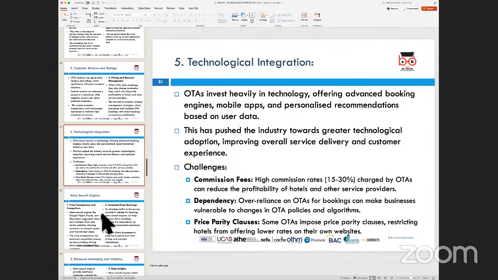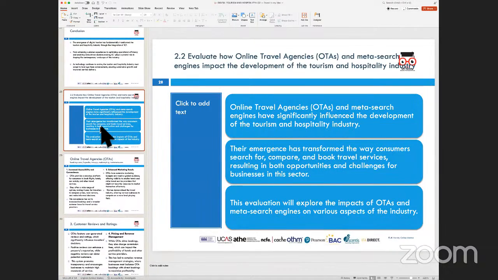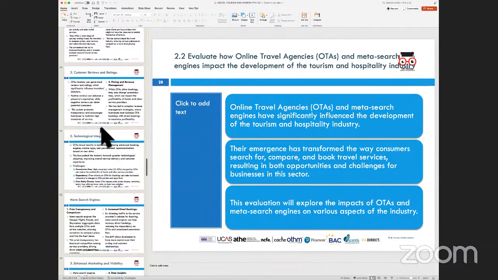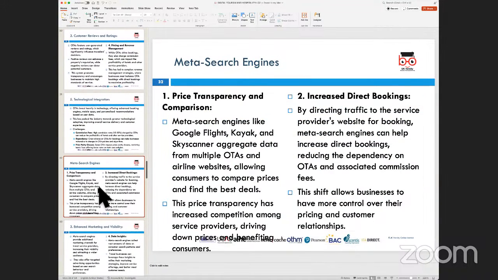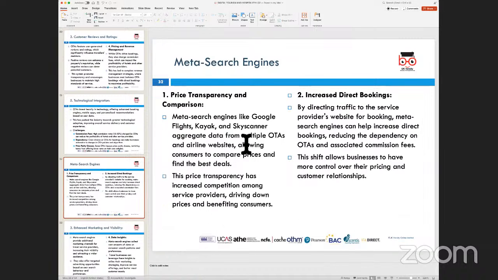So when we look at the concept of evaluation of online travel agencies and meta search engines, we need to be able to address what it is that they are doing. One of the search engines that I've also used in the past is Skyscanner and Kayak. Now these are airline search agencies, which I would say are OTAs, but they are predominantly focused on providing cheaper airline tickets.